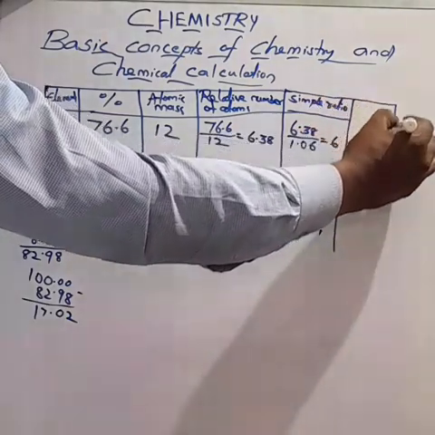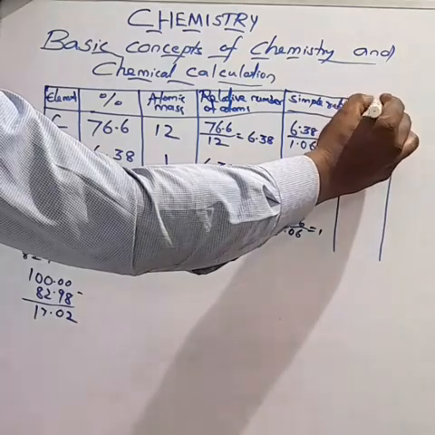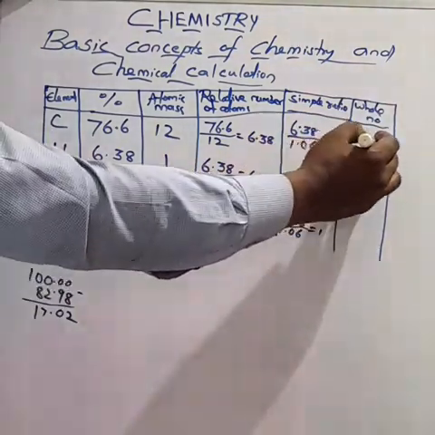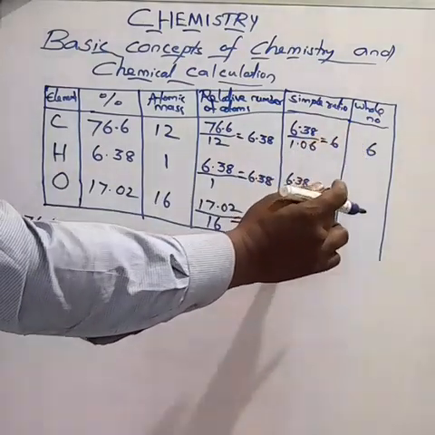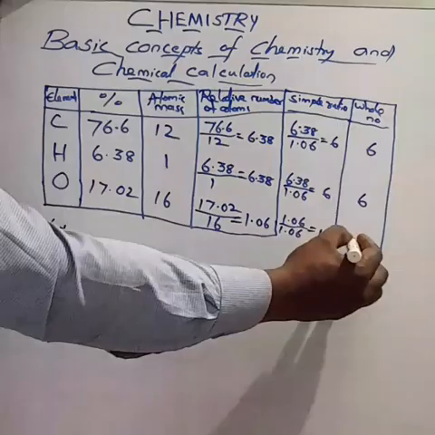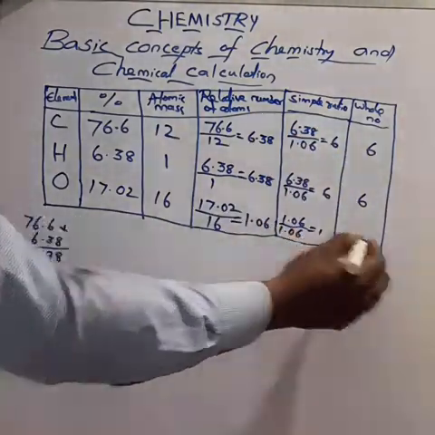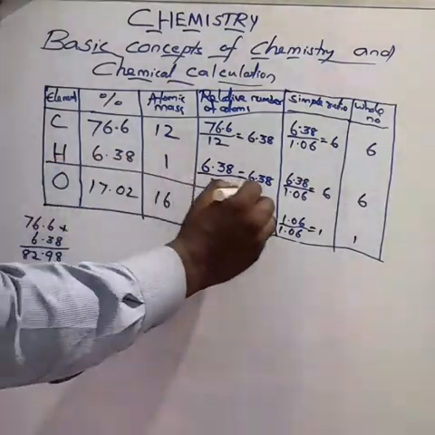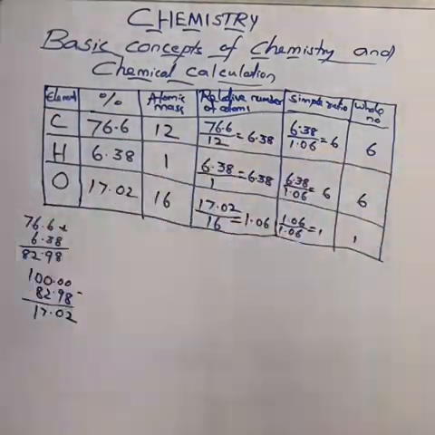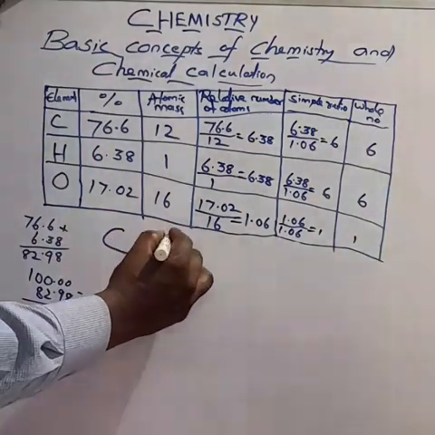So we get whole numbers. What's the whole number here? For carbon, 6. For hydrogen, the whole number is 6. And oxygen, the whole number is 1. Am I right? So which are the elements here? Carbon, hydrogen and oxygen.